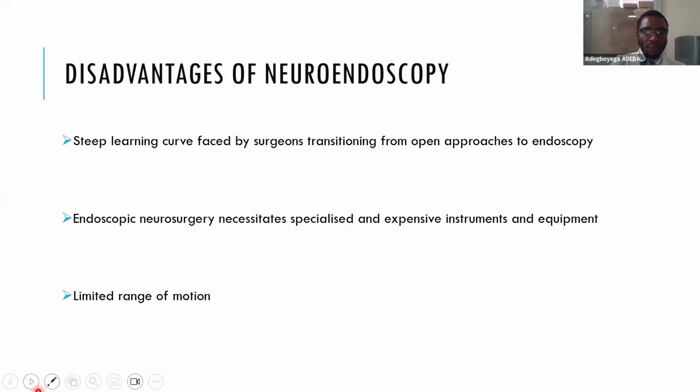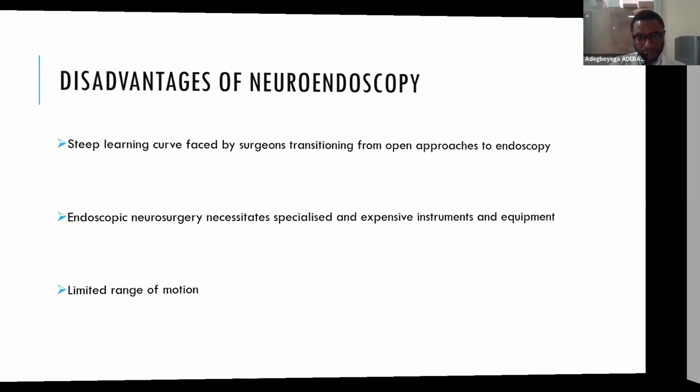Furthermore, endoscopic equipment are expensive, and a small neurosurgical service may not be able to afford them. Additionally, with the advantage of minimal access comes the limitation of a small working space, which limits the range of motion of the surgeon.